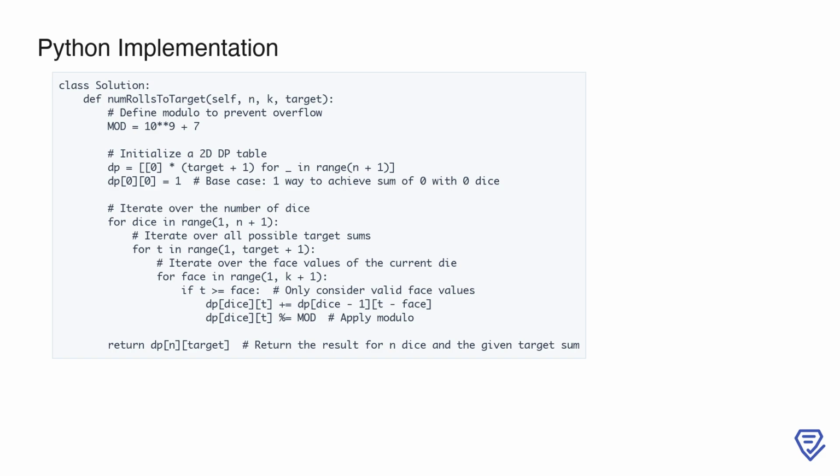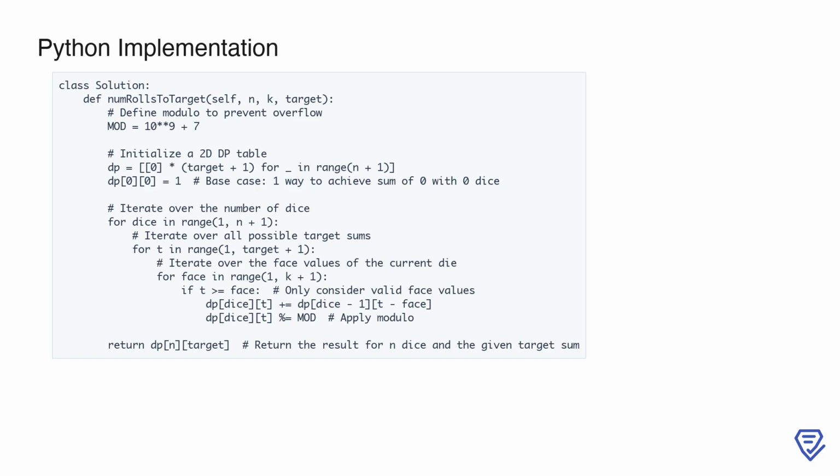If the current face value is valid, i.e., less than or equal to the target sum, we update dp[dice][t] by adding the number of ways to achieve t minus face using dice minus 1 dice. This ensures we're building the solution incrementally. 5. Modulo operation. After each update, we apply the modulo operation to keep the results bounded. 6. Final result. Once the loop is complete, dp[n][target] contains the desired result, the number of ways to roll n dice so their sum equals target.